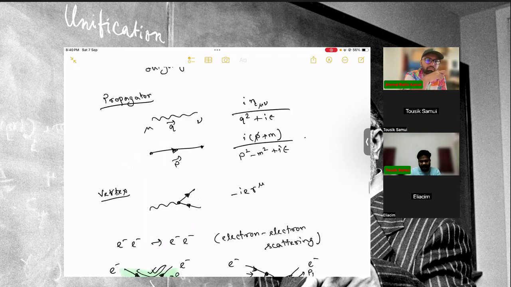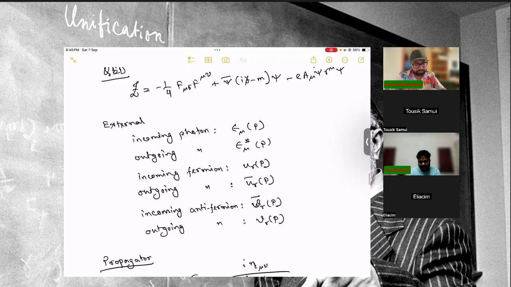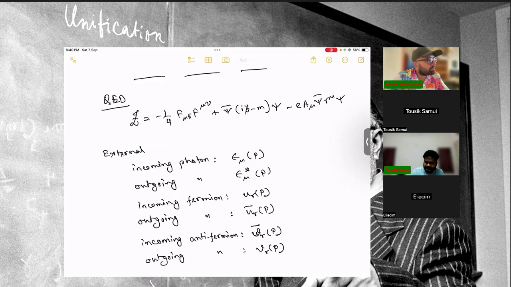Here, for example, on the right hand side, we don't have a psi psi A mu interaction. We have one particle, one antiparticle, so we have to have one particle and one antiparticle.